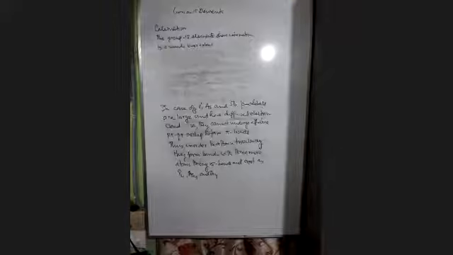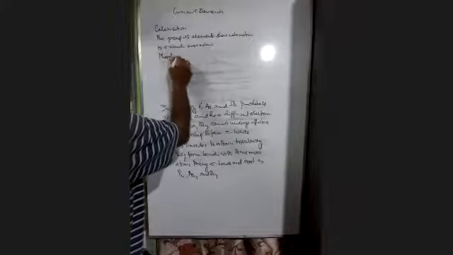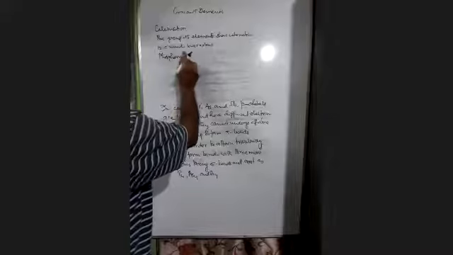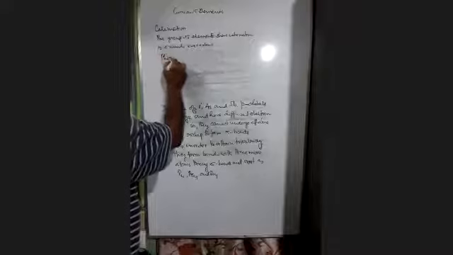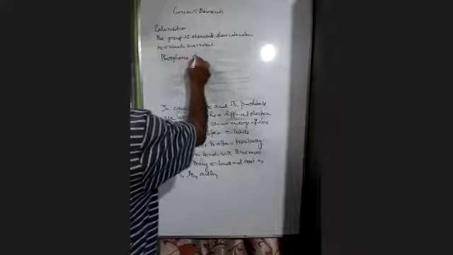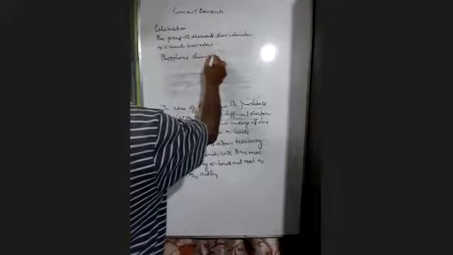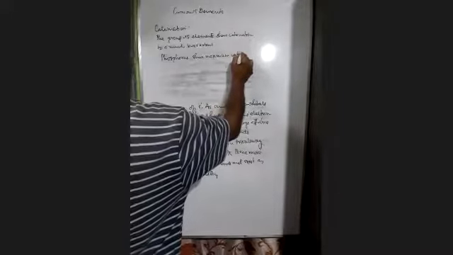Finish. But phosphorus shows the highest number of catenation in this group. Phosphorus can join with each other. Okay. So phosphorus shows maximum catenation.